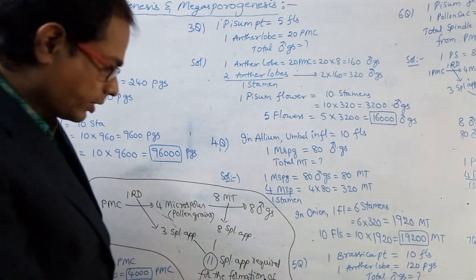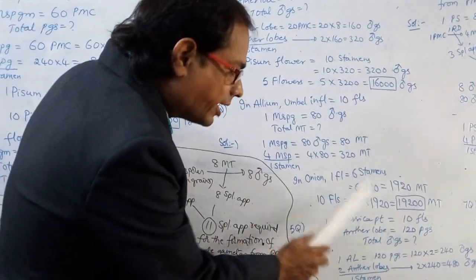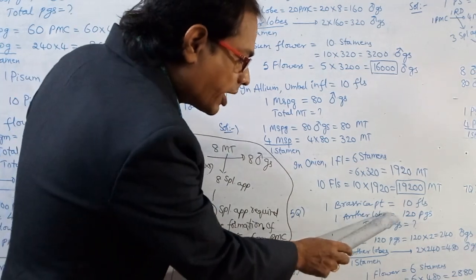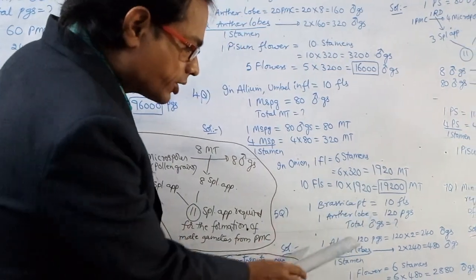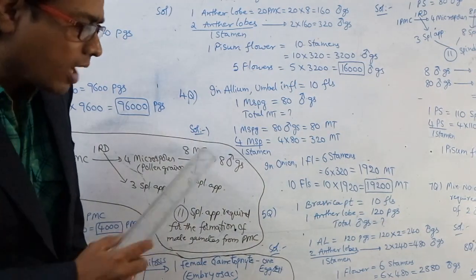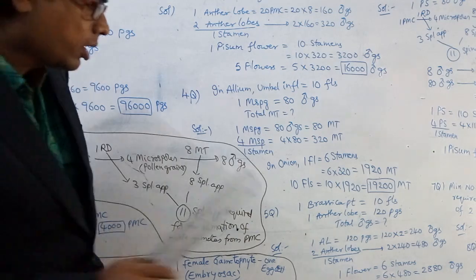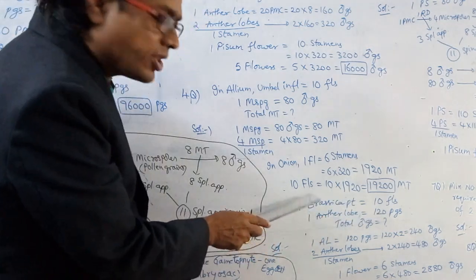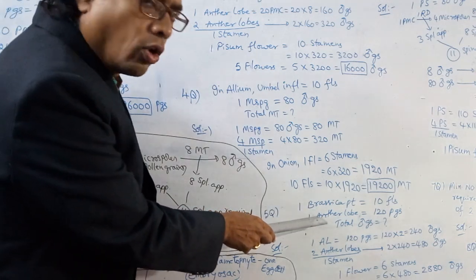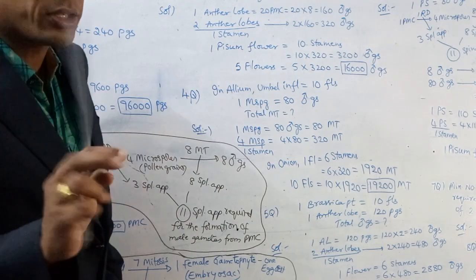Okay. Next question. One Brassica plant contains 10 flowers. One anther lobe contains 120 pollen grains. Total male gametes formed. Here what they have given, anther lobe containing 120 pollen grains. See, Brassica is dithecous. They have given anther lobe. That means for one stamen, how many anther lobes are present? 2 anther lobes, not 4.